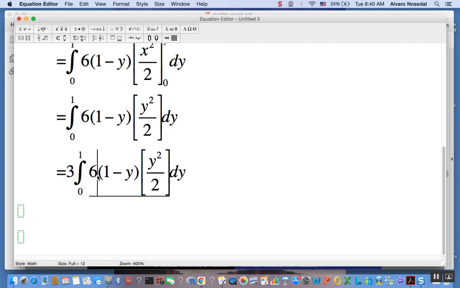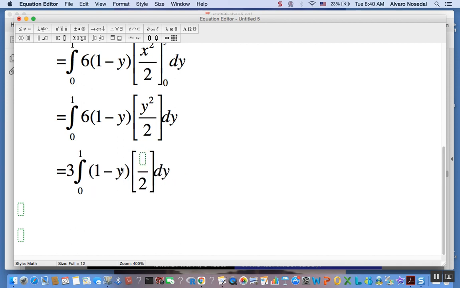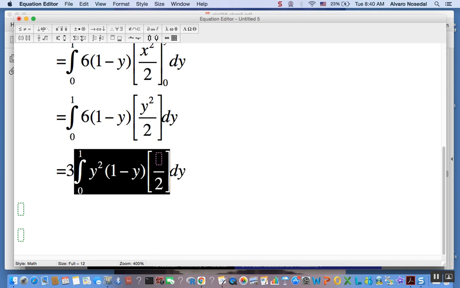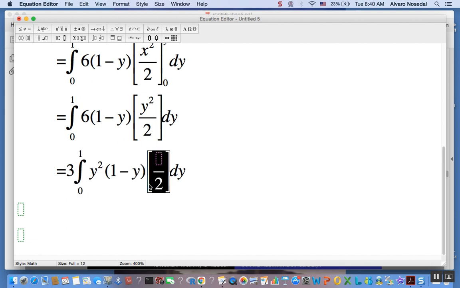So 3 times y squared. Okay, that's better. So now we would like to find that integral.